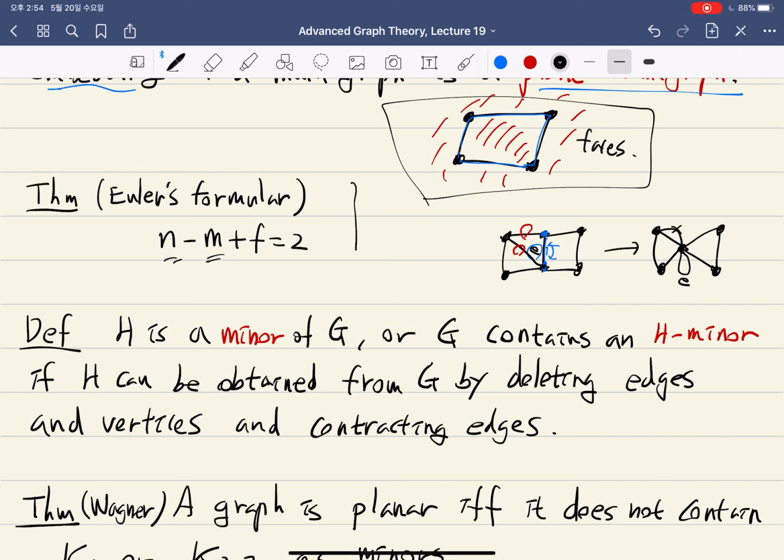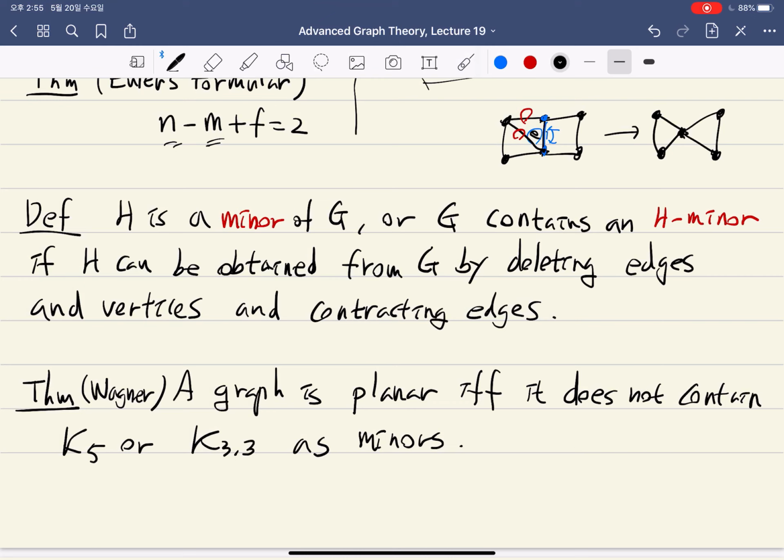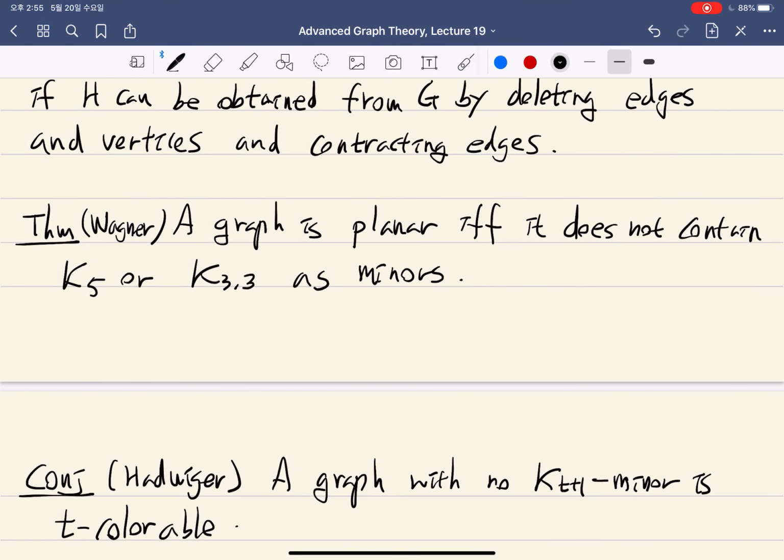But depending on the context, we either leave the loop or the multi-edges, or when we deal with simple graphs, we can just delete them and take the remaining thing as the result of the contraction. So that's the definition of minor.